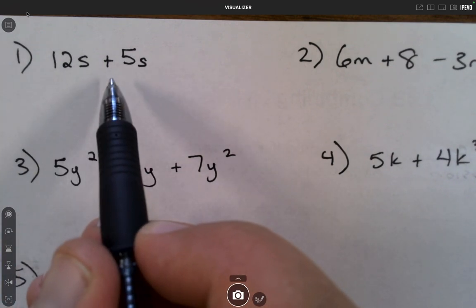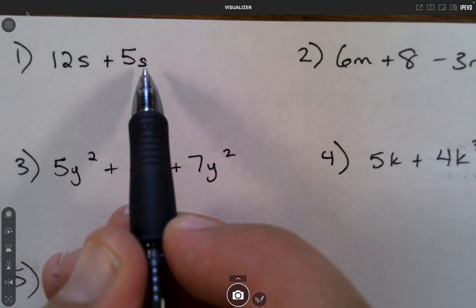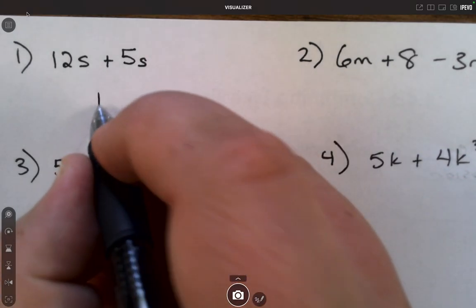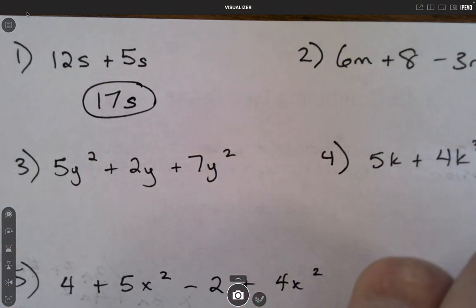Those are like terms. Their variable pattern is the same. S to the first, S to the first. So then we just say 12 plus 5 is 17, and we keep the variable pattern with it. So if you have 12 S's and you add 5 more, you have 17 of them now, 17 S's.